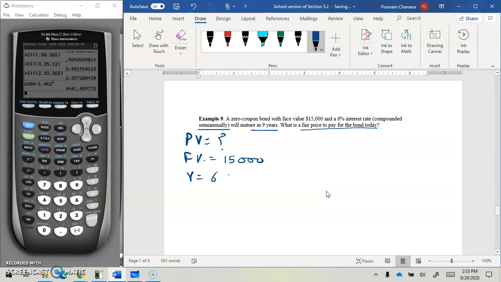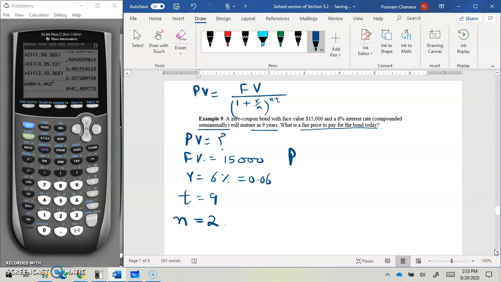The interest rate is 6%, meaning 0.06, and time is 9 years. Compounding is done semi-annually, so n is 2. You can also use this formula: present value is equal to future value divided by (1 plus r by n) raised to the power nt.